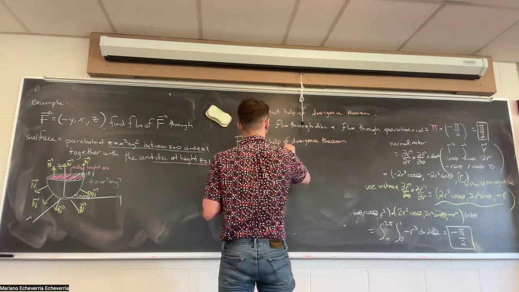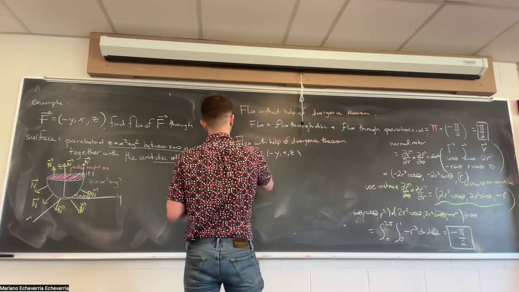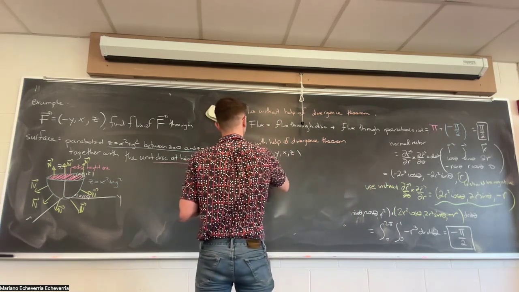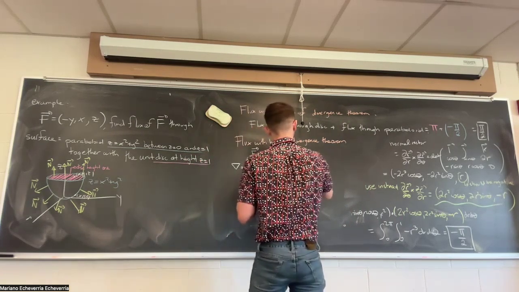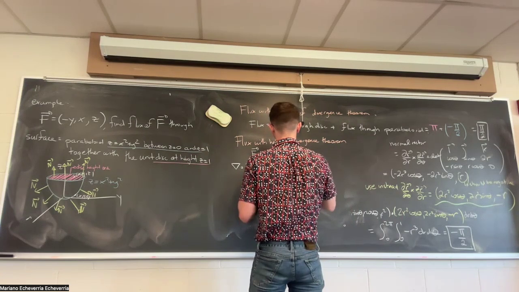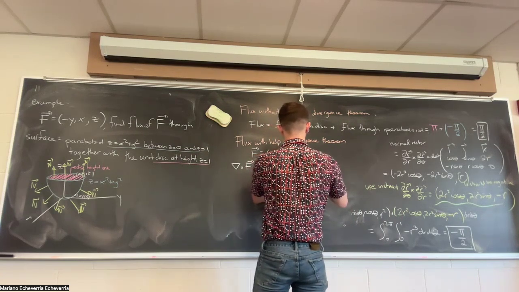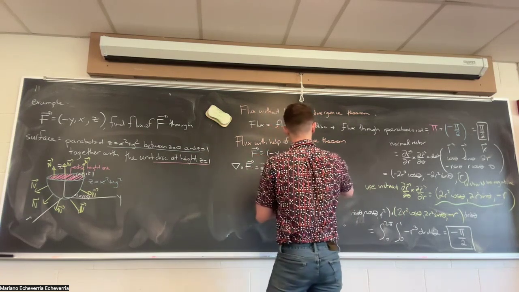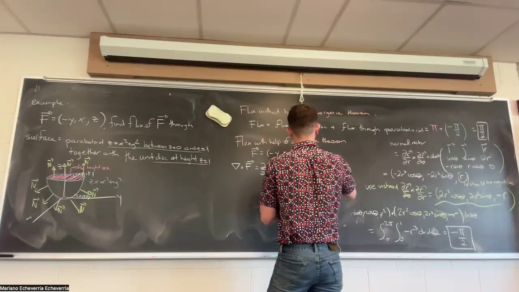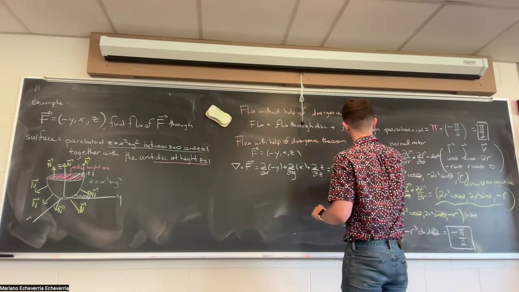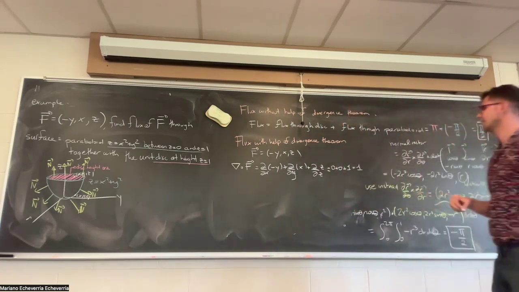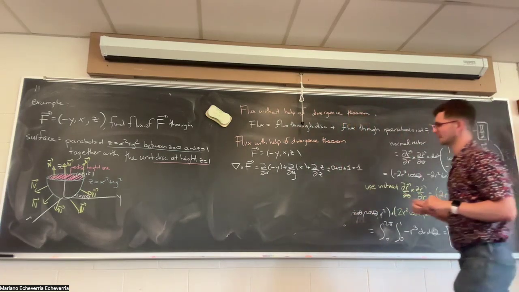It is (negative y, x, z). What's the divergence of this F? It is the derivative with respect to x of negative y, plus the derivative with respect to y of x, plus the derivative with respect to z of z. So it's 0 plus 0 plus 1, which is just 1. That's the divergence of this vector.